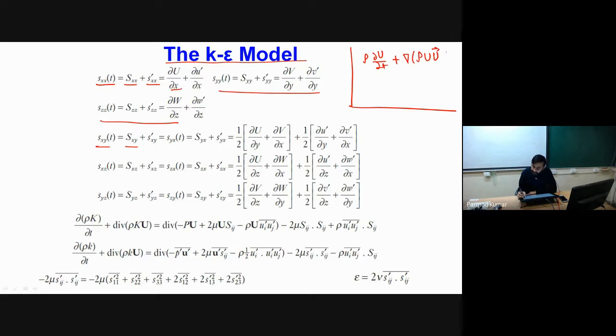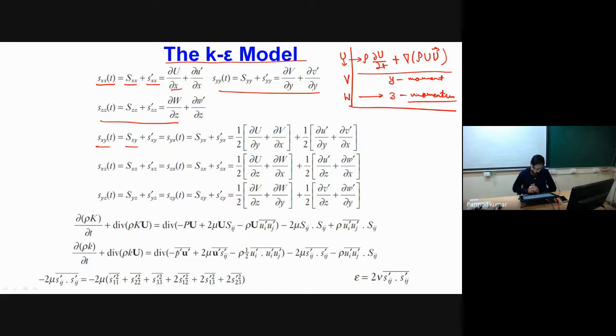If I have to use this equation to derive the kinetic energy equation, I have to multiply this x momentum equation with our mean velocity capital U, which is the mean velocity in x direction. Similarly, I multiply the y momentum equation with capital V, and the z momentum equation with capital W. These are the x, y, z Reynolds averaged momentum equations which I showed you in the previous lecture.